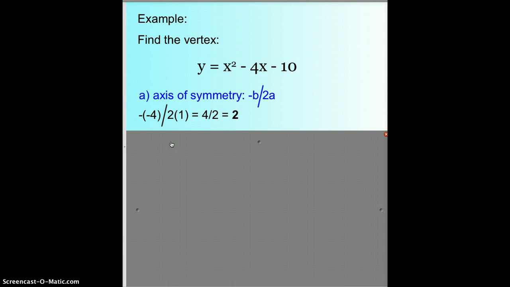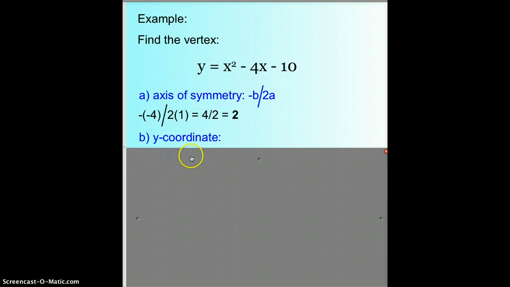Because b is -4 and now it's -b, I have 4 divided by 2 times 1, which is a. 2 times 1 is 2, so 4 over 2 gives me 2. So my x is 2.